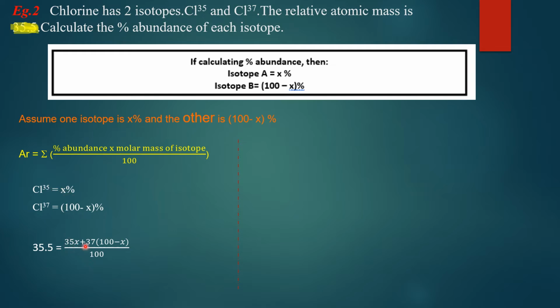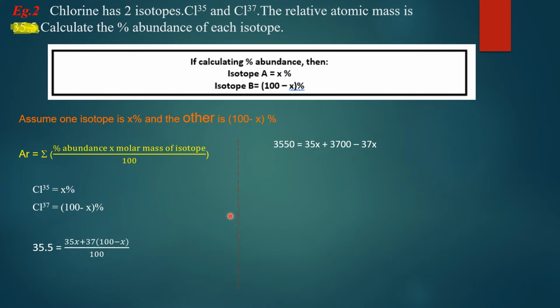Add it to the other isotope, which has a mass of 37 and its isotopic abundance is 100 minus X. So we will put the information as it is and try to expand the equation.